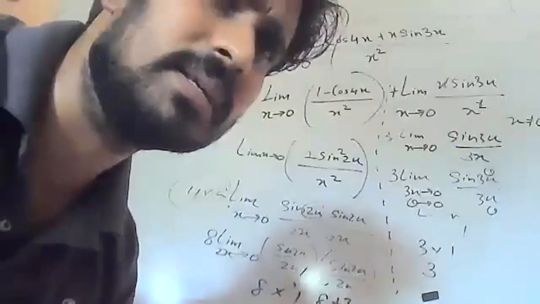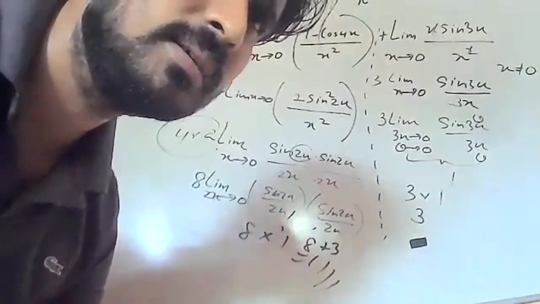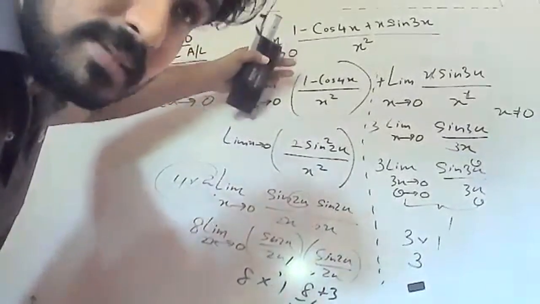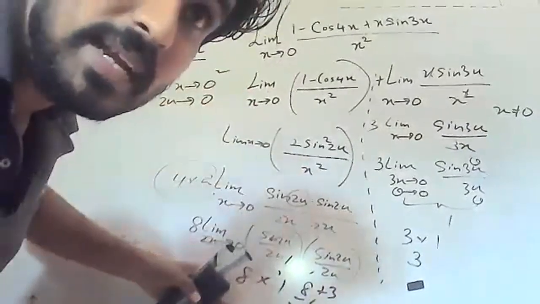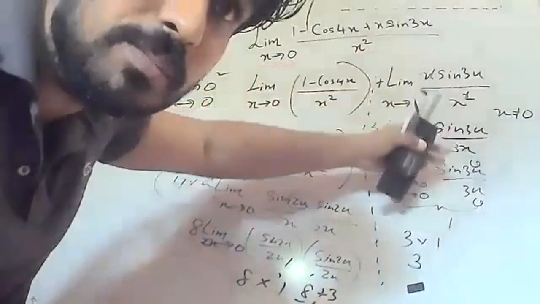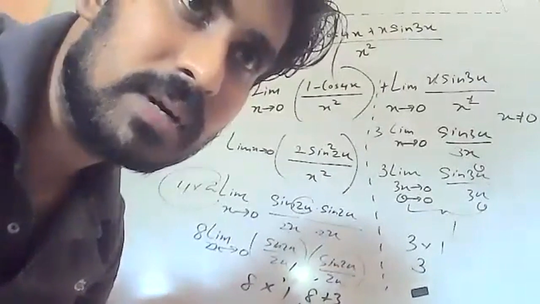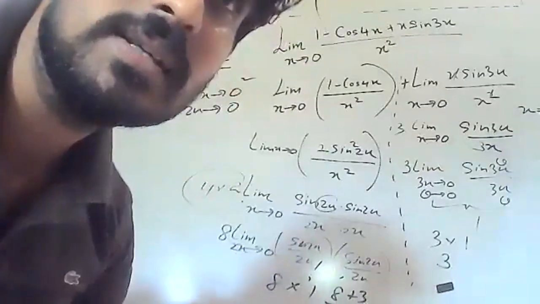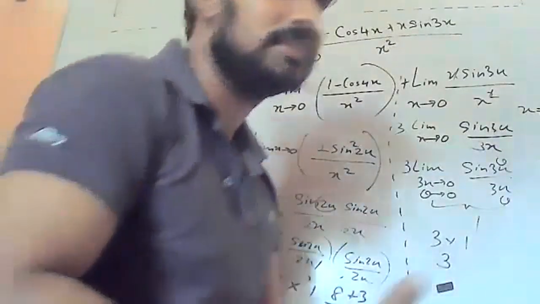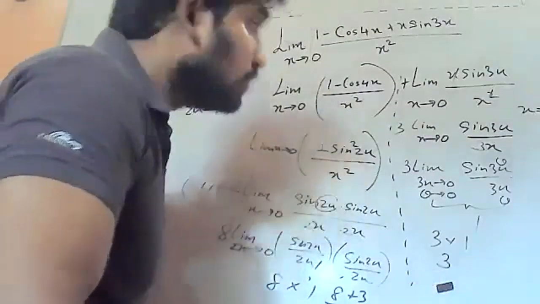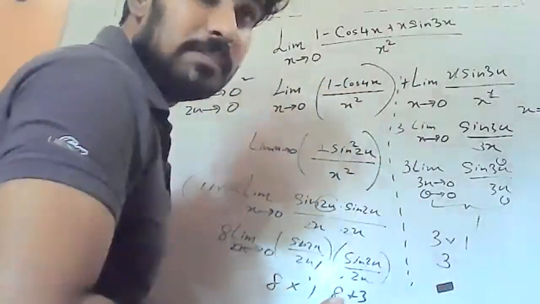If the lowest part is not clear, when you solve this side, you get 8, and when you solve the other side, you get 3. So 8 plus 3, 11. What actually matters is the way of thinking. That is why we had to separate this part from that part.